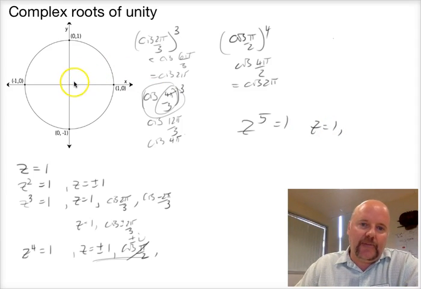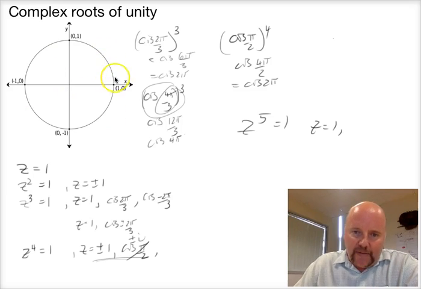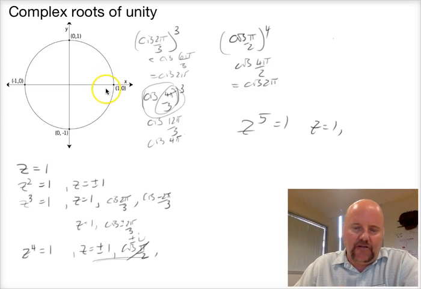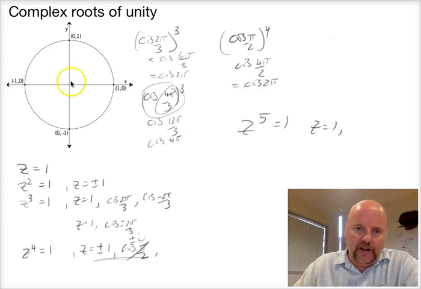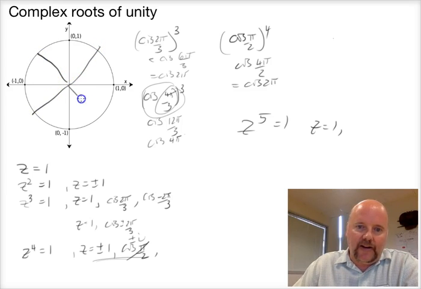So let's have a bit of a think about a complex number that I could put here that when I raise it to the power of 5, it will end up back at this point here, because that's really our goal. So if I've got 2 pi, which is all the way around, if I divide it by 5, it will give me that one, that one, that one, and that one.